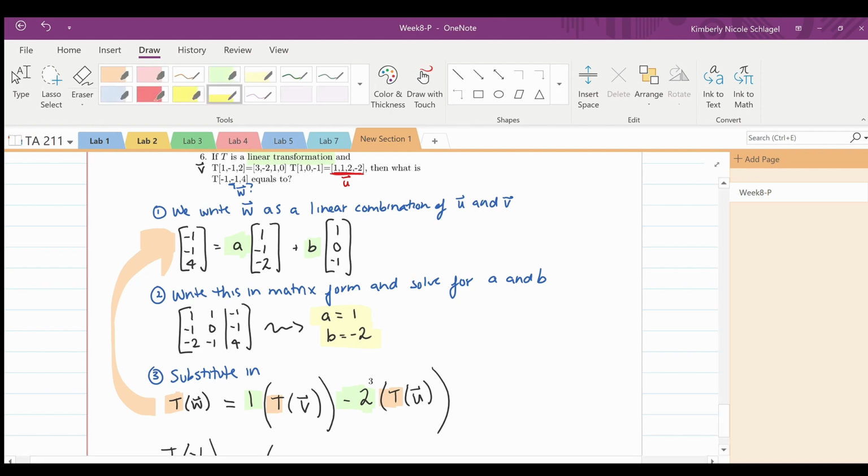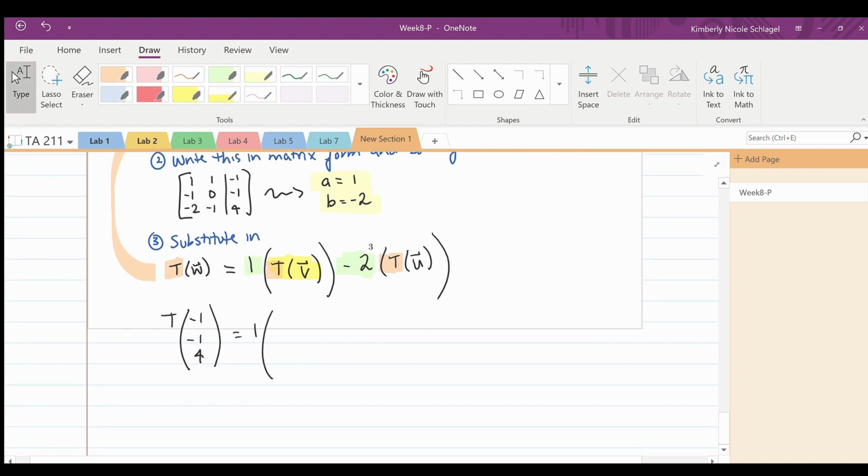We already have what TV is, right? Our TV is equal to this one right here. And similarly, our TU is equal to this one here. So all I'm going to do is replace those vectors in because I already know what they equal.